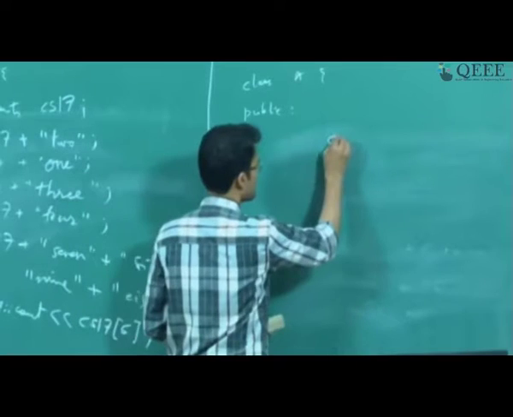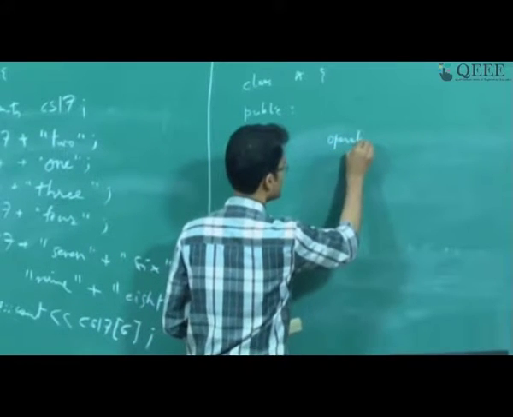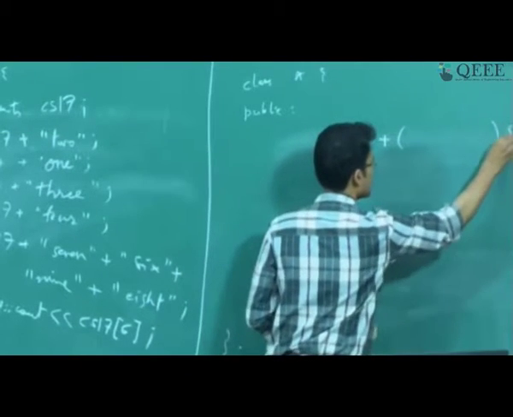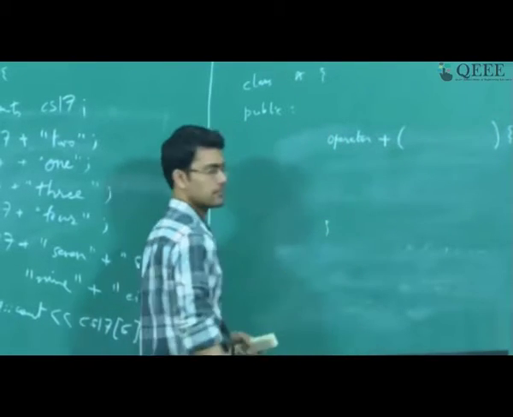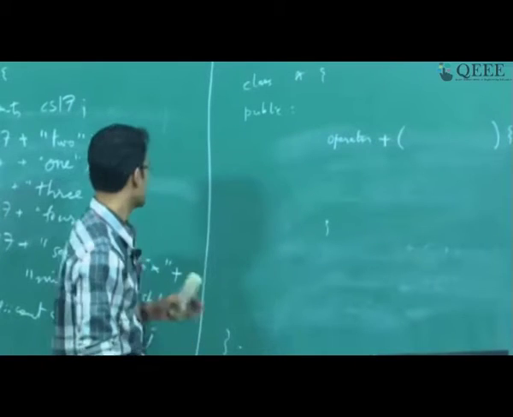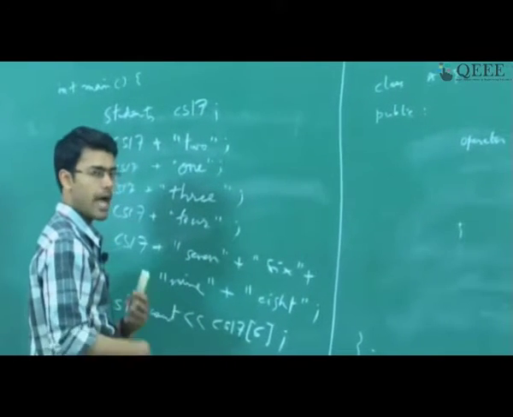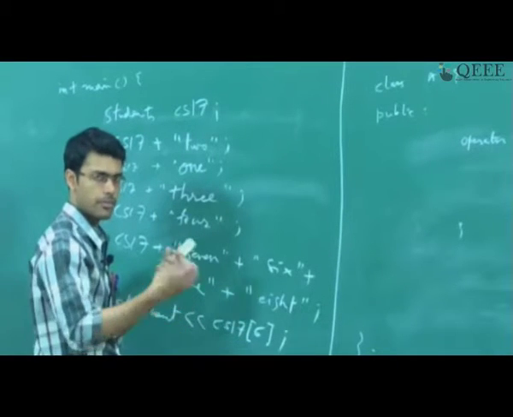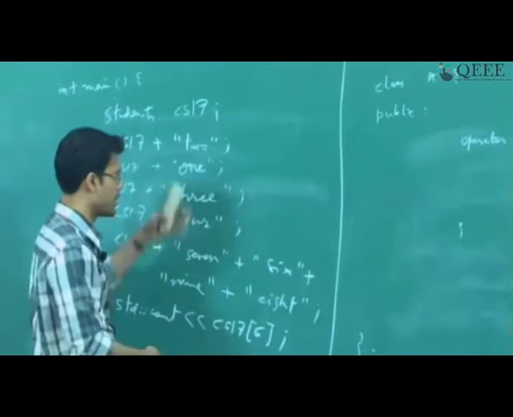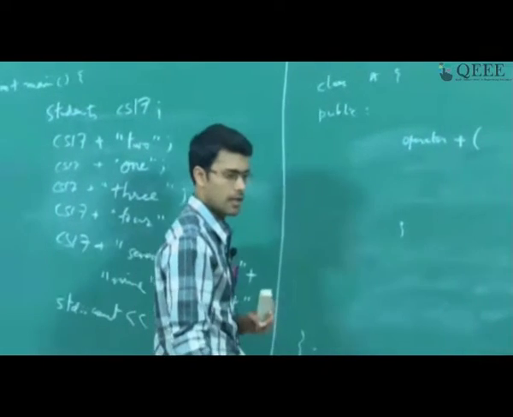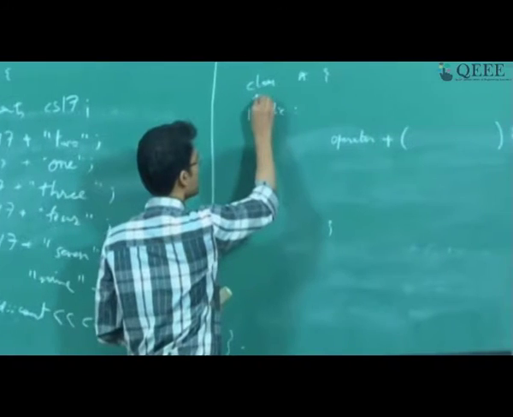Okay, so let's say that there is an operator plus, what does it take and what does it return, right? So all of these students that I am adding, let's say these are different roll numbers that I am adding, these need to be added to some data structure, right, so that the state is maintained, all of this information is maintained. For this I will require a private variable, which essentially in this case will be a vector.